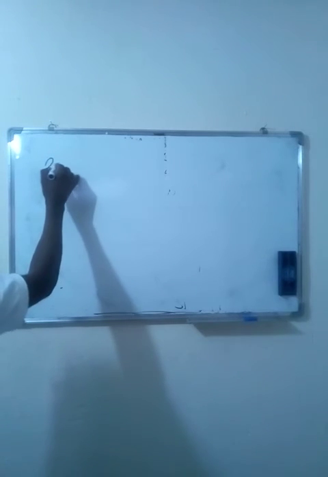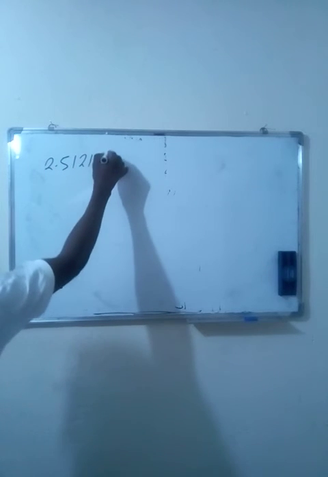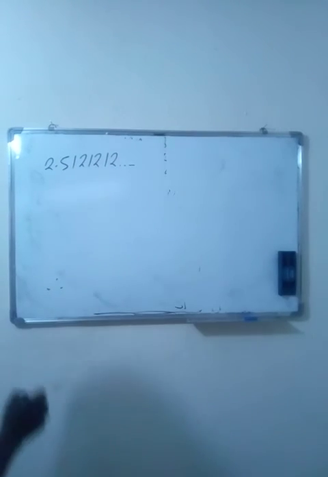Okay, so let's look at the fourth one. What was the fourth one again? Okay, so the fourth one was 2.5 1 2 1 2 1 2, and so on.